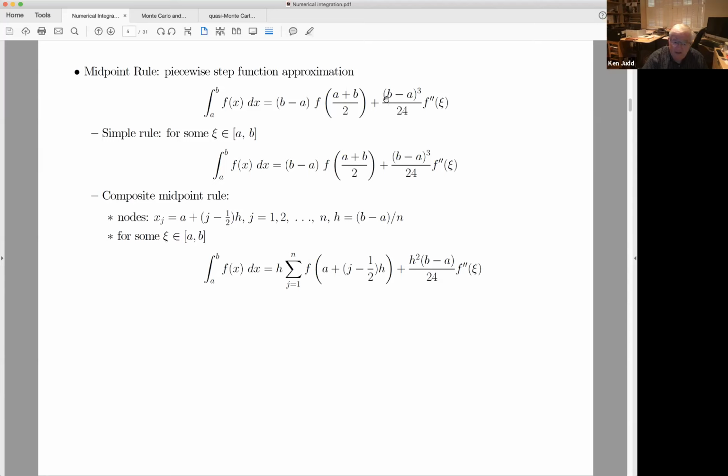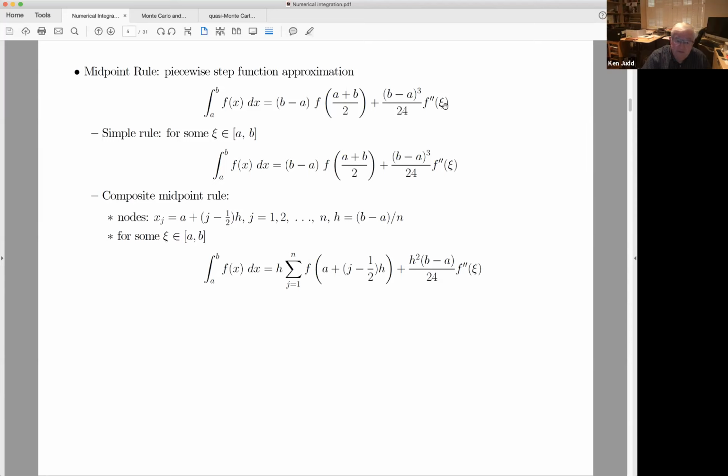It says that there's some zeta in the interval AB such that the error equals (b minus a) to the cube power over 24 times f double prime, the second derivative.